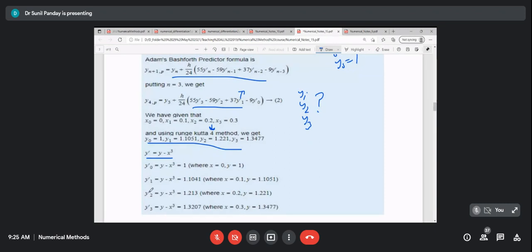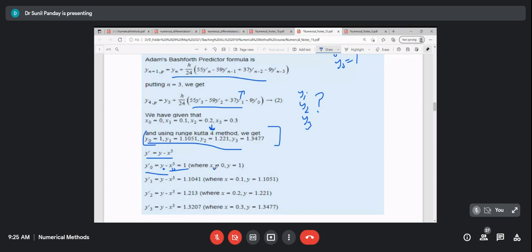So y1 dash is this, y0 dash is already calculated by you using your Runge-Kutta method, and then you are using here y1 dash equals this one. y0 dash is this one because y0 is 1 and x0 is 0.